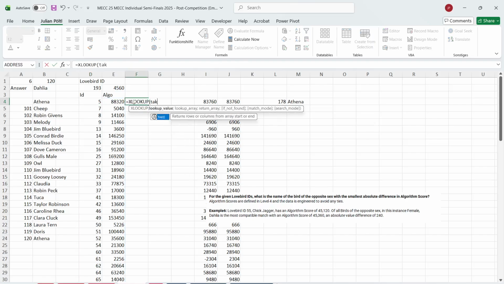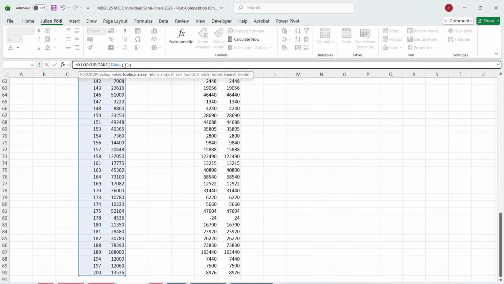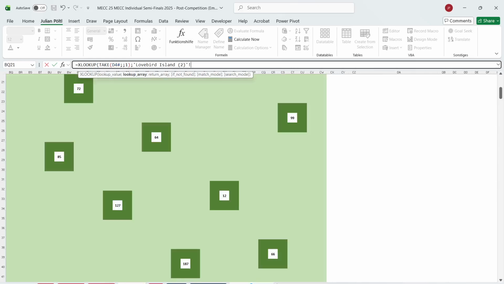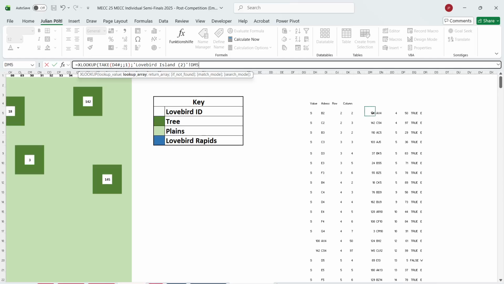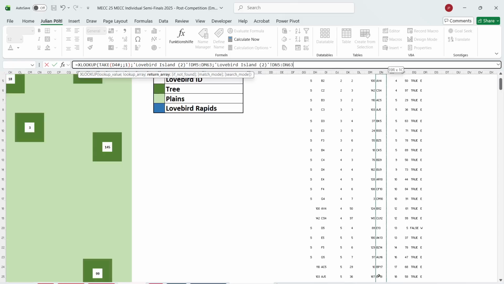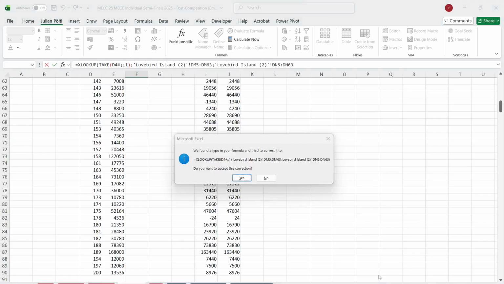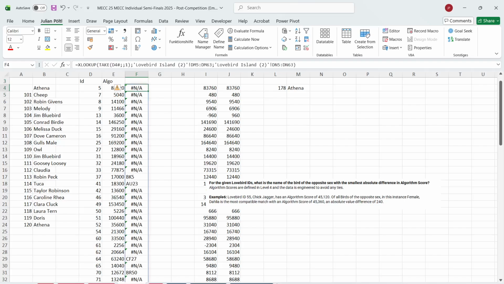XLOOKUP of take first column inside here returning the, okay, and here we have the flight difference.